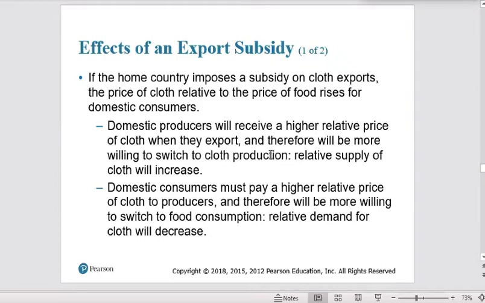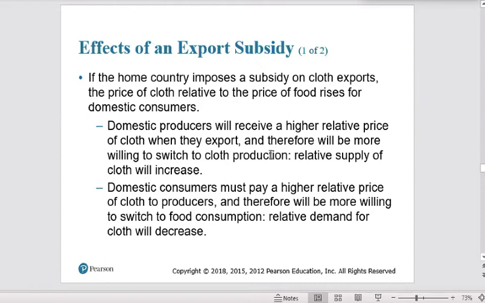Because some people will think that way, there will be more production of clothes thereafter, right? After that, there will be more clothes, more supply of clothes. When there is more supply of clothes, the price of clothes will drop in the international market, and the terms of trade for the home country will decrease, because the home country is an exporter of clothes, and when the clothes price drops, it's going to be bad for the terms of trade, right?